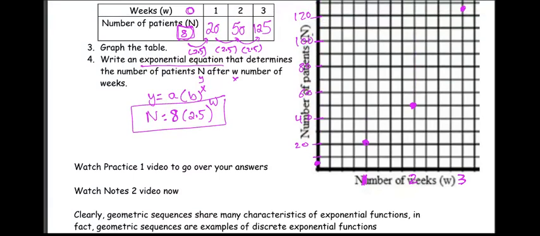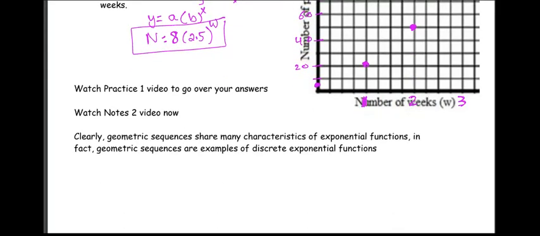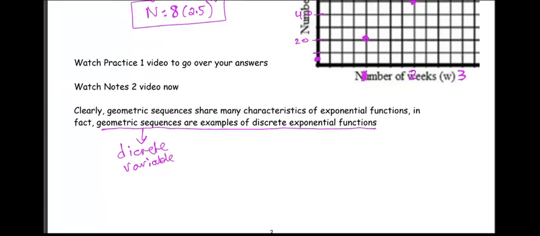On the graphs, we saw that the graph in these two models looks like an exponential function. So we can say now that geometric sequences are examples of discrete exponential functions. They are the same. The difference between the geometric sequence and an exponential function is that when we have a geometric sequence, we have a discrete variable, which is a variable that cannot be represented by real numbers.